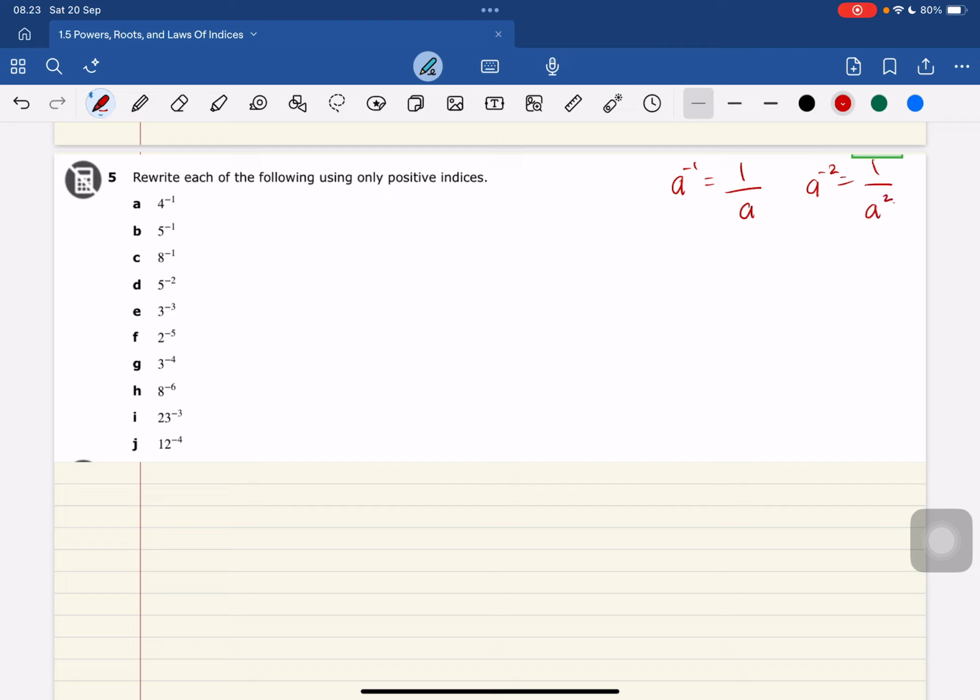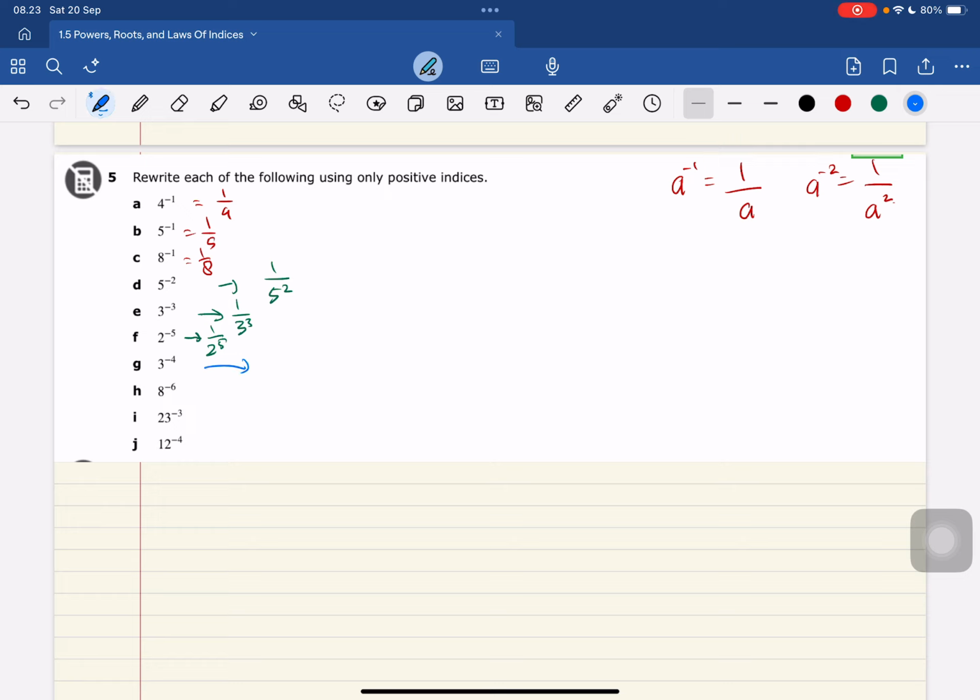Okay, let's proceed. 4 power of minus 1 is going to be 1 over 4. This is going to be 1 over 5. 1 over 8. Here is going to be 1 over 5 squared. This is going to be 1 over 3 cubed. This is going to be 1 over 2 power of 5.